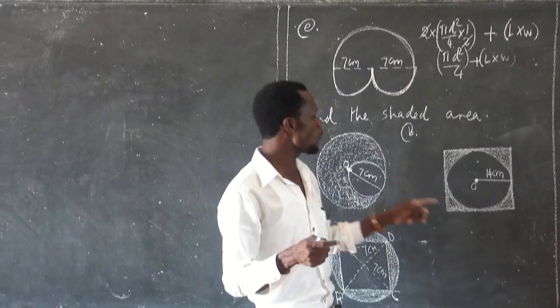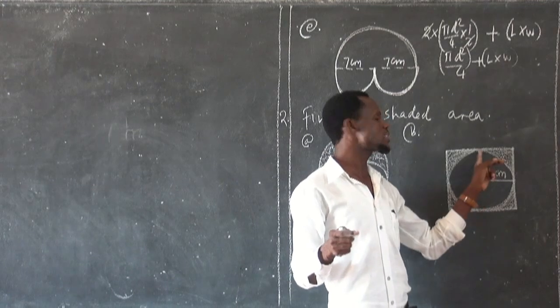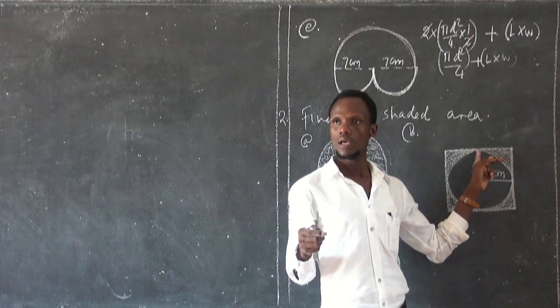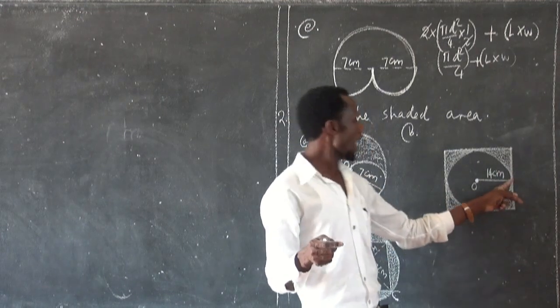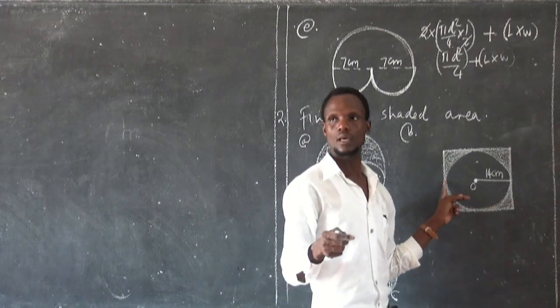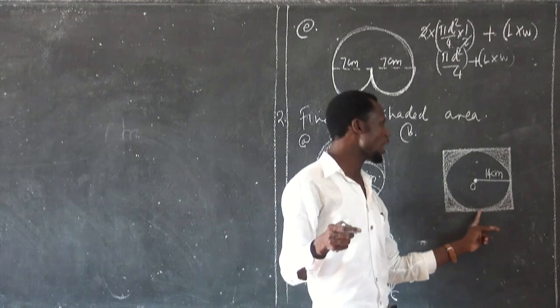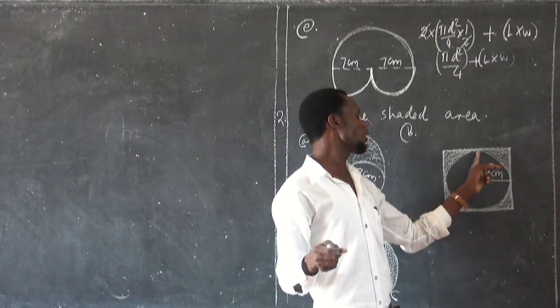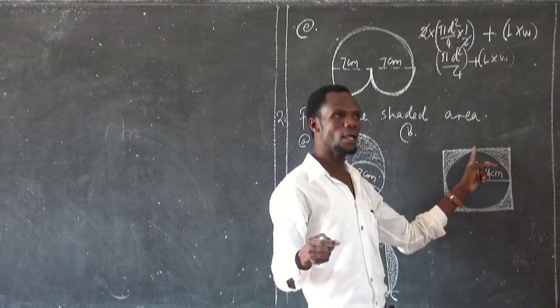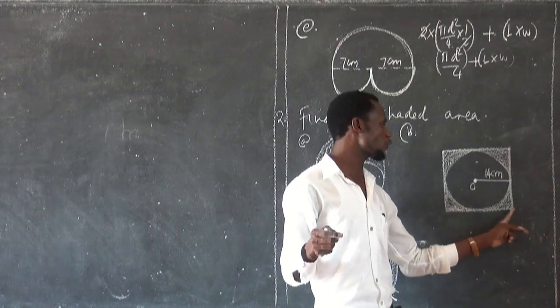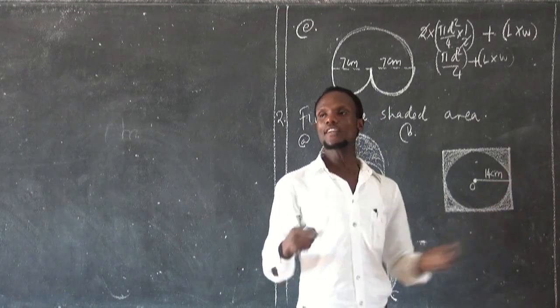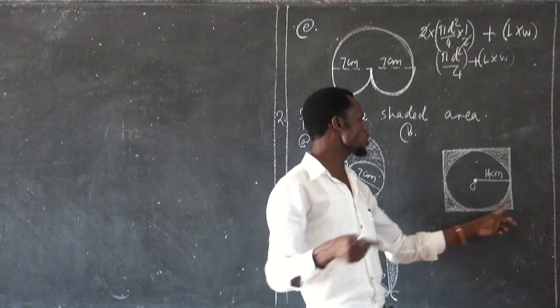Remember one thing: the diameter is the length from one side to the opposite side of the circle. The length from here up to here is 14. The same applies from here up to here, which is 14. The side of the square is also from here.